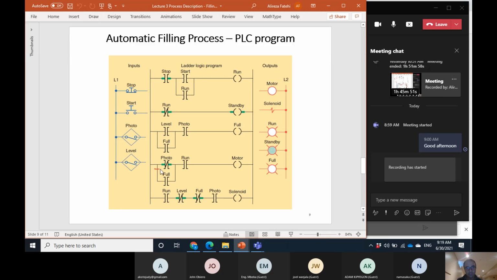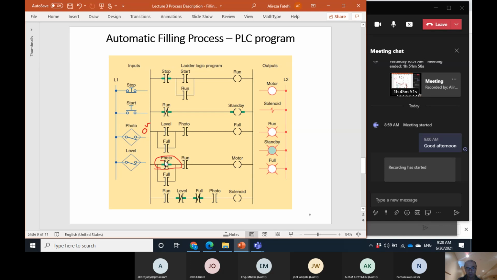Okay. So this shows that, of course, it should be in the run mode. So we have already spoken on that. But this means that if the photo sensor is open, so if there's not any box in front of the photo sensor, this is open. It is a normal situation. So the voltage here is 0 volt.